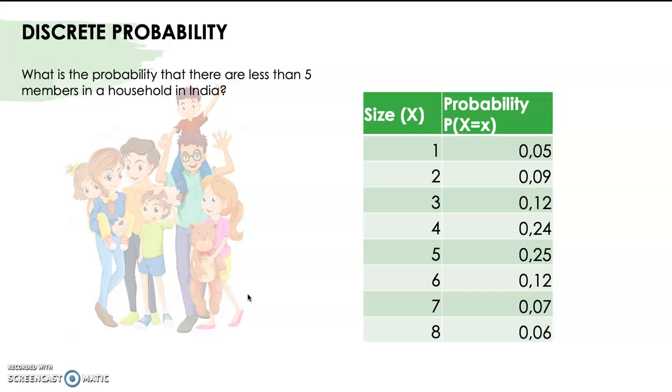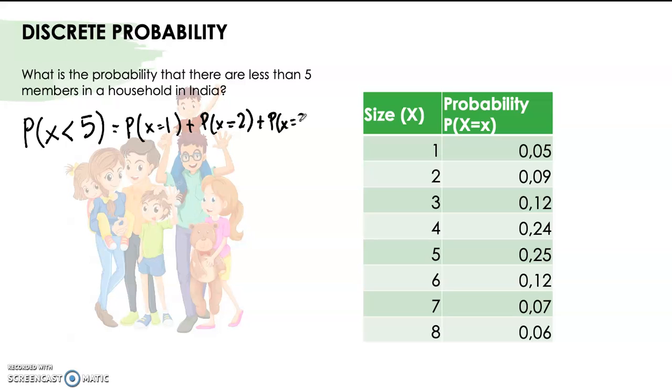Now let's see the next problem. What is the probability that there are less than 5 members? Let's make the symbol first. P(x less than 5). This is a cumulative probability, so the answer is P(x=1) plus P(x=2) plus P(x=3) plus P(x=4).